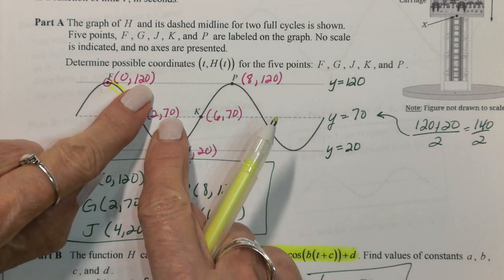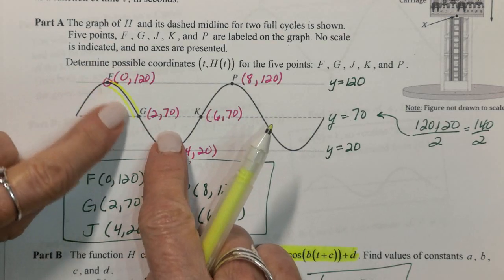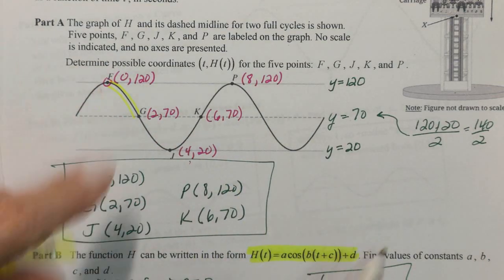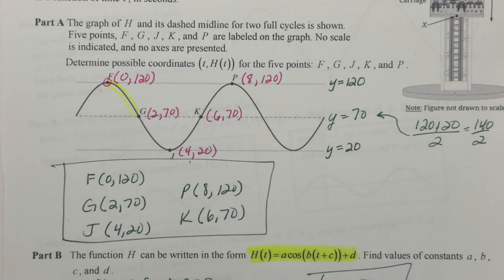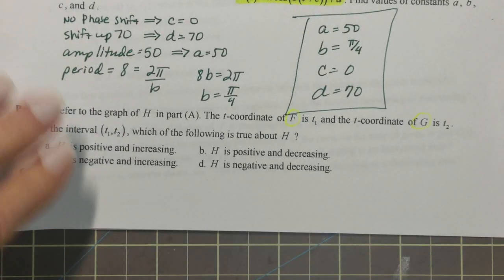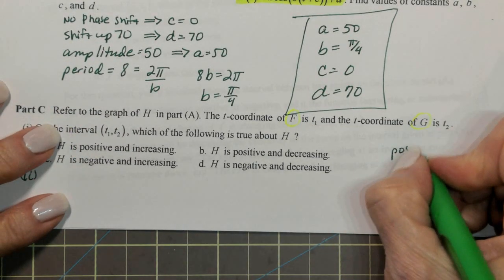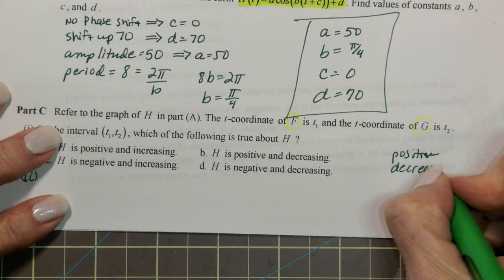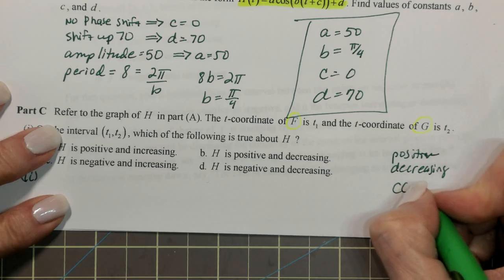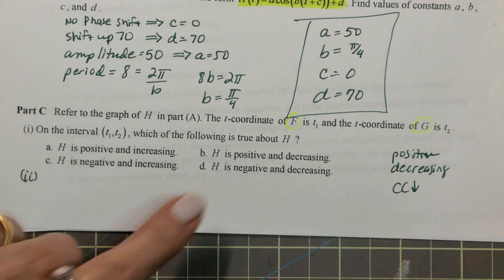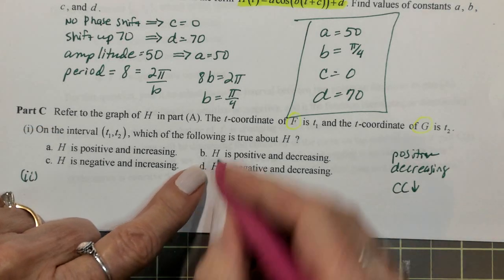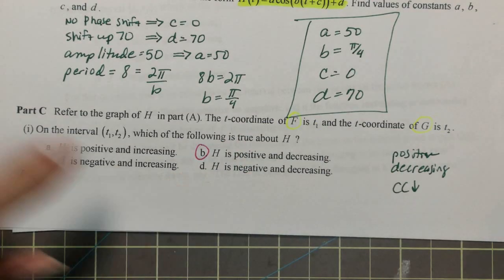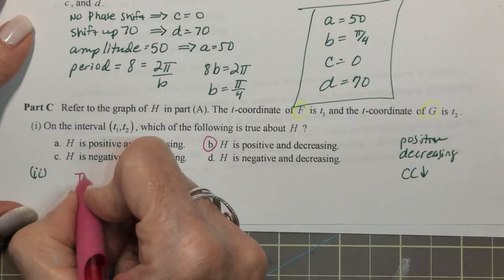The function values are positive. They are decreasing, and the curve is concave down. Positive, decreasing, concave down. So positive and decreasing, that'll be answer choice B. Concave down.